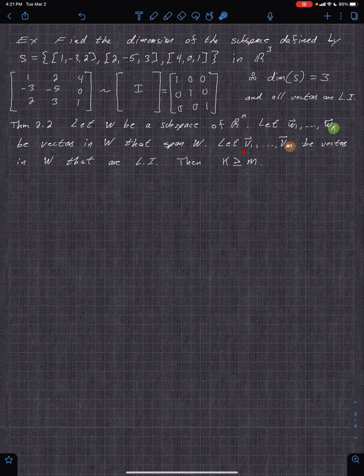You can't have M linearly independent vectors in the set and a smaller number of vectors that span it. So this is our conclusion.